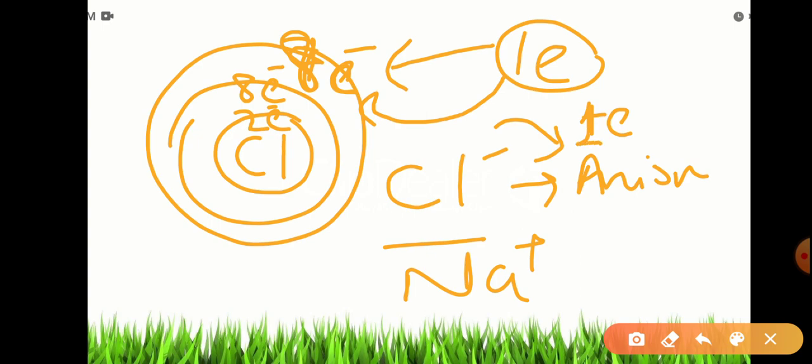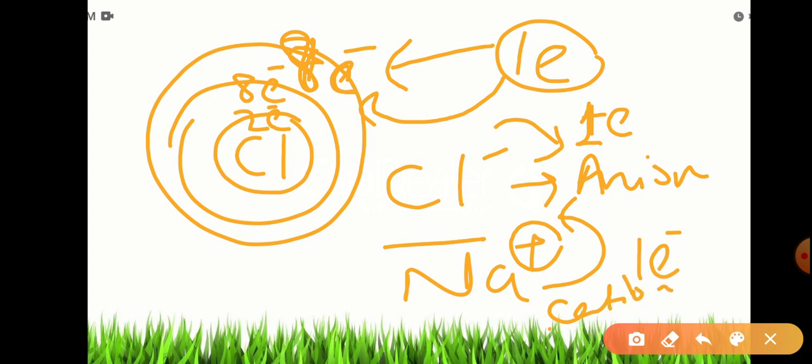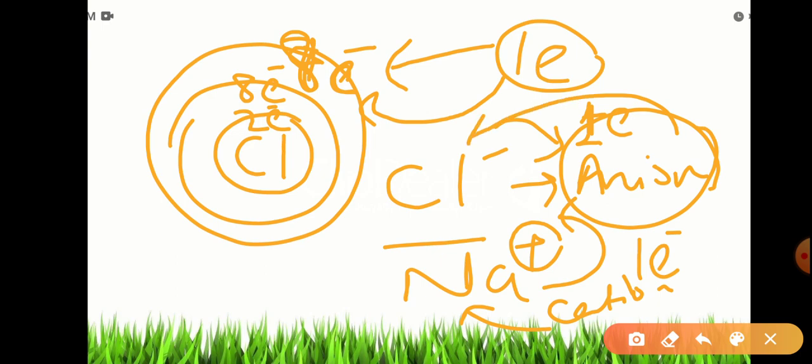Sodium is donating 1 electron to chlorine, so its valency is 1, and sodium is a cation by donating the electron. So in order to become a cation, an element has to donate 1 electron. In order to become an anion, the element has to accept 1 electron. So that concept is clear.